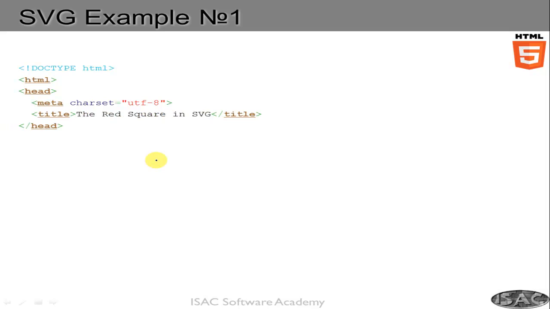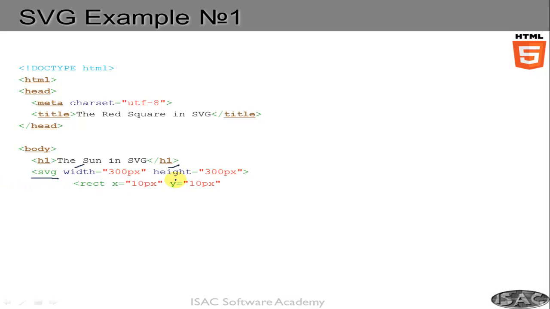Title is red square in SVG. Now here it starts the body, nothing much. Here is the interesting thing. So first we start with an SVG tag, and you give a width and height, that is the area in which it will draw that SVG. So this is the area of drawing for your graphic.